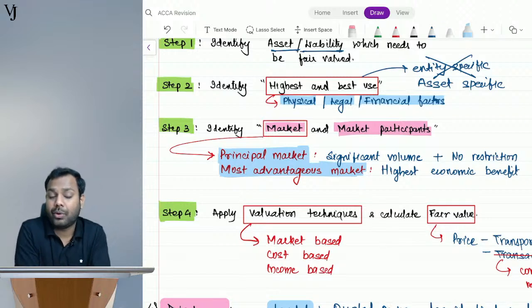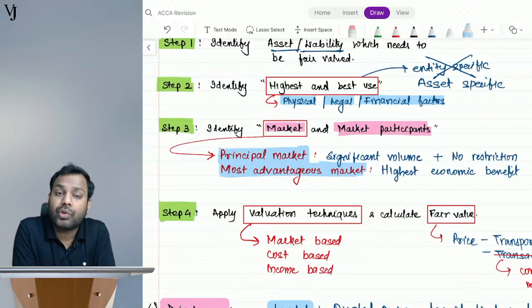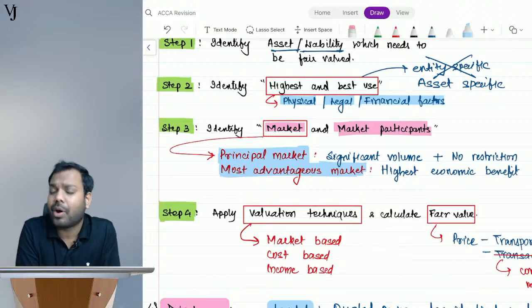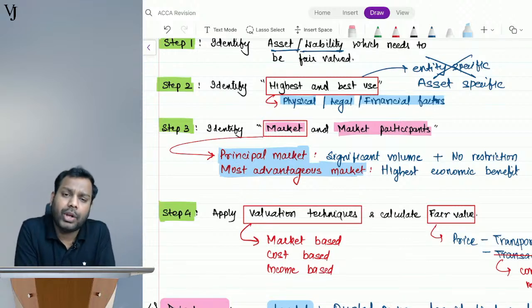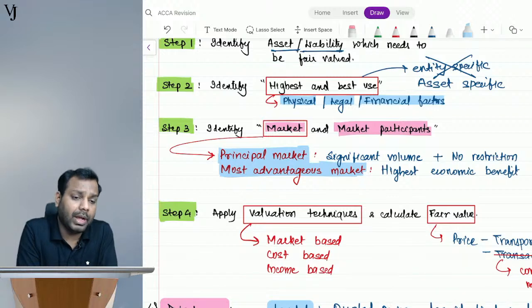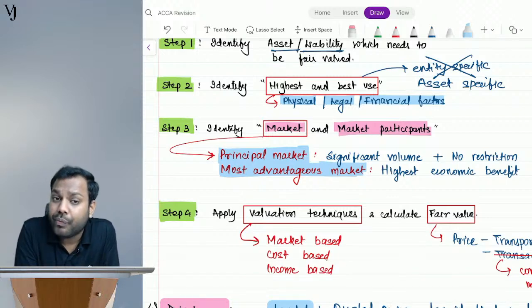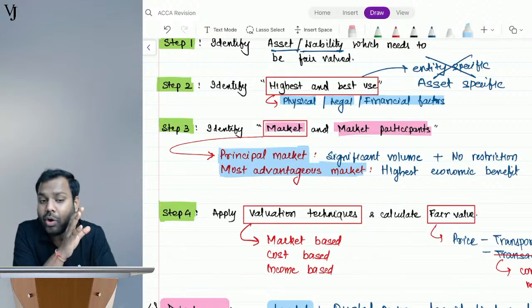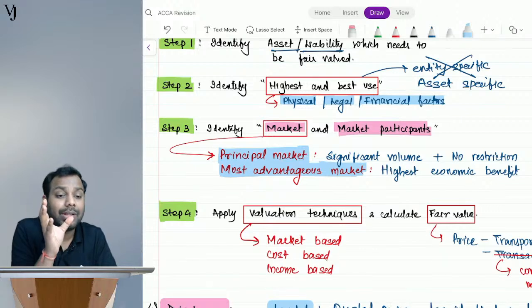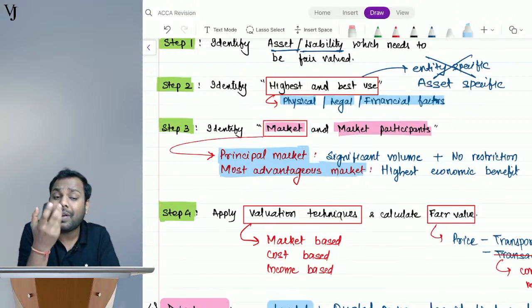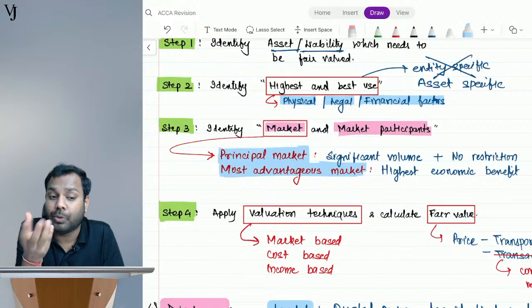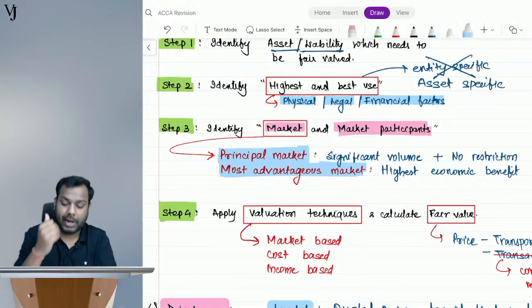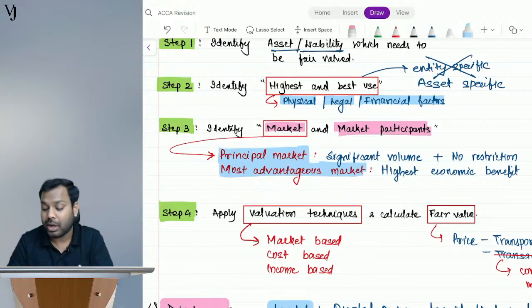Bangalore, right? If I have to sell any camera or filming equipment, where is it sold frequently and with significant volume? That's Mumbai, right? I am talking about the asset, not the entity or any of its business.